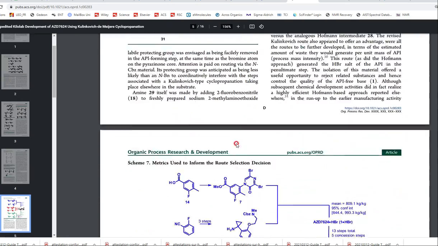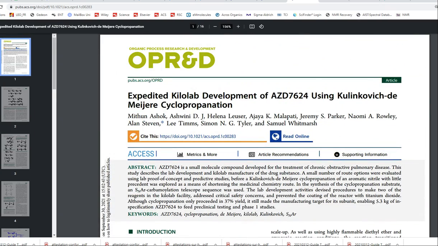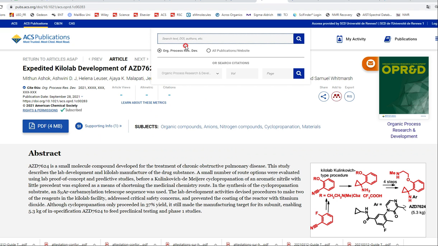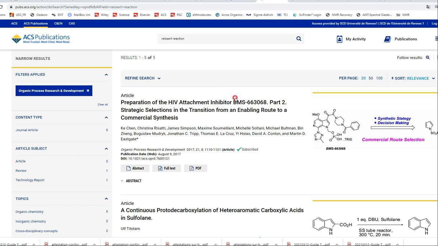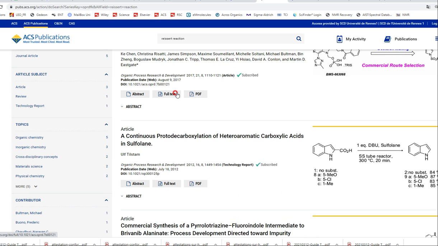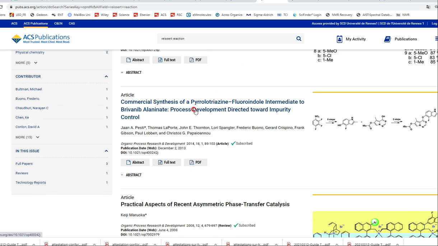So let's not waste time with Kulinkovich. I just clicked on this by curiosity. But the interesting thing is what you can do is you can look for certain reagents or reactions. So for example, if you want to see the Reissert reaction, obviously Reissert could be a name appearing somewhere, but it could also be maybe in the synthesis.